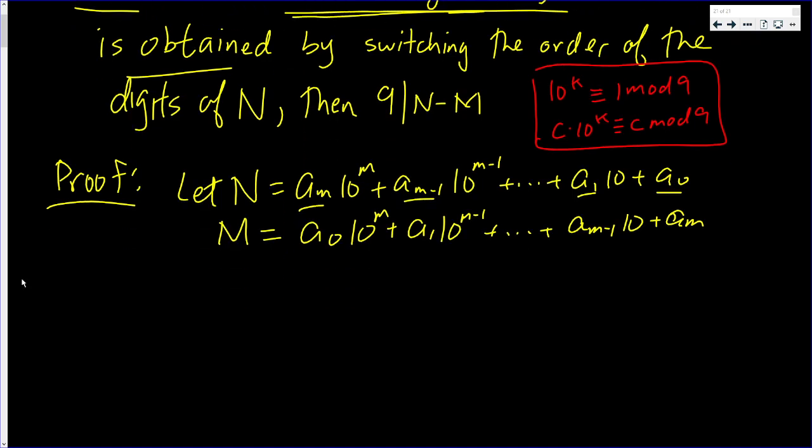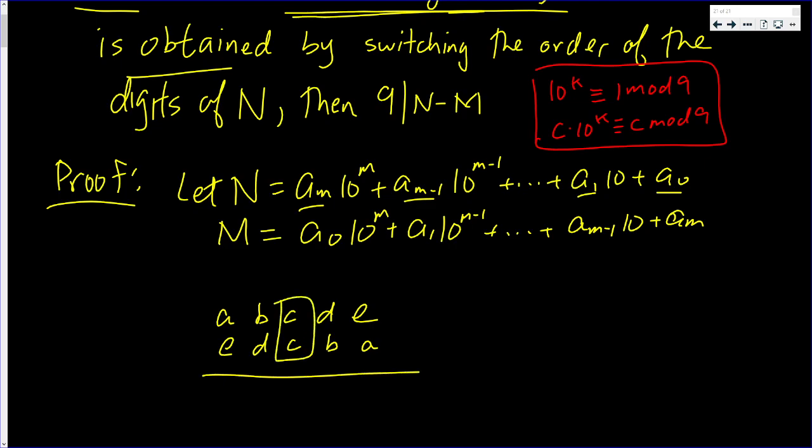Now, I want to just comment on something. If you want to write up a really rigorous proof, you probably should do this in 2 cases, but I'm not going to. If you have an odd number of digits and you write it in reverse, A, B, C, D, E, you're going to have a middle. And it turns out that that middle is going to come out to 0.